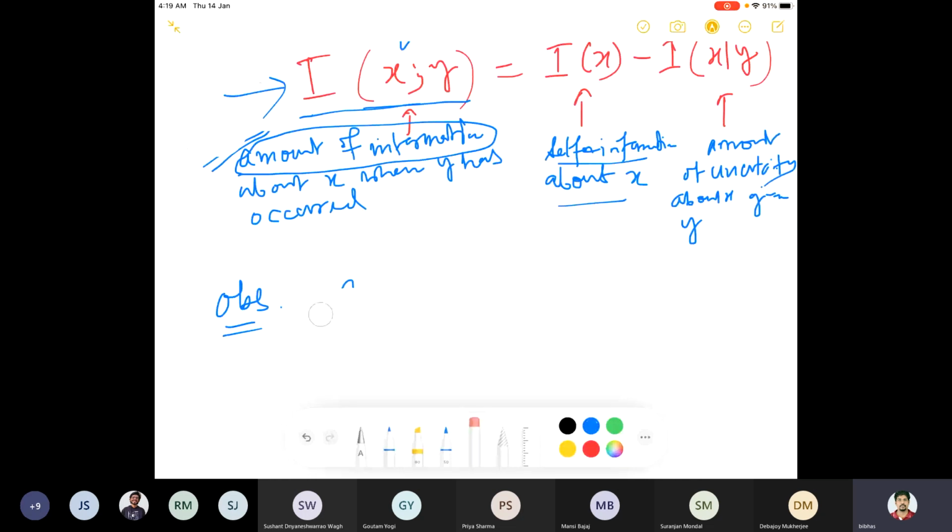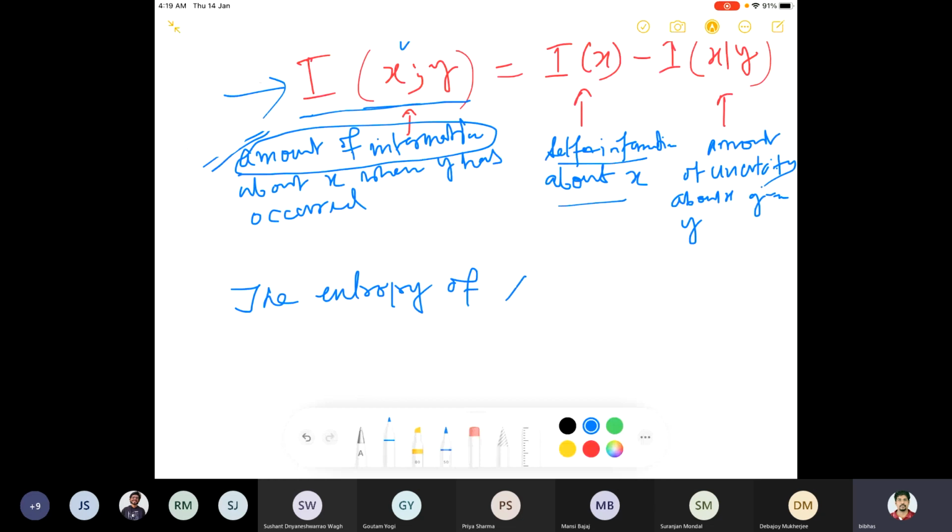Let us now define what is called the entropy of a random variable.